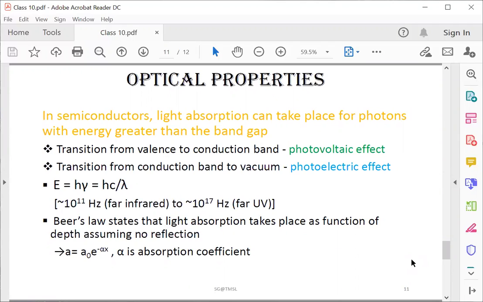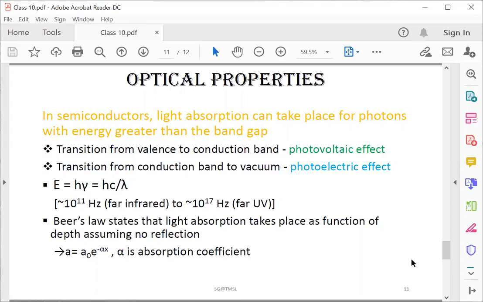Now there are two kinds of optical effect in materials used in sensors: one is the photovoltaic effect, the other is the photoelectric effect. Both effects are based on the photon. When a photon is incident on a body, you get photovoltaic or photoelectric effects. The difference is mentioned here.